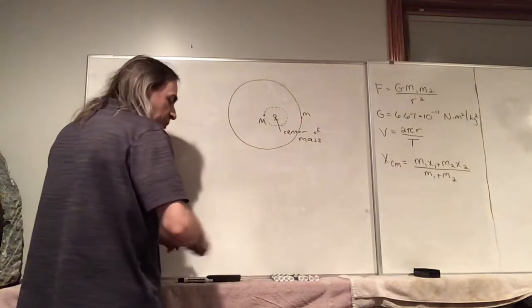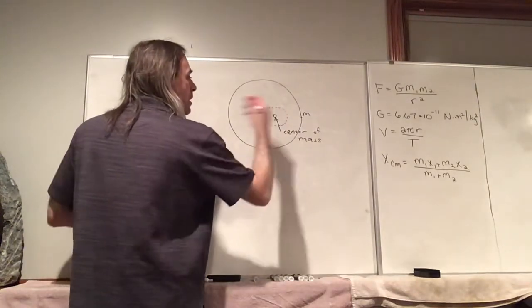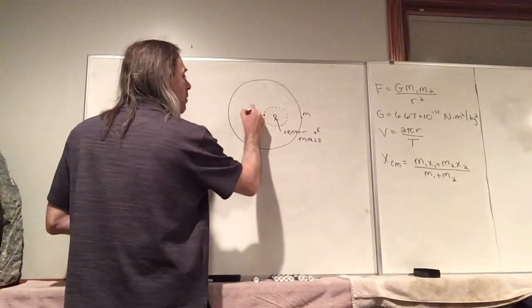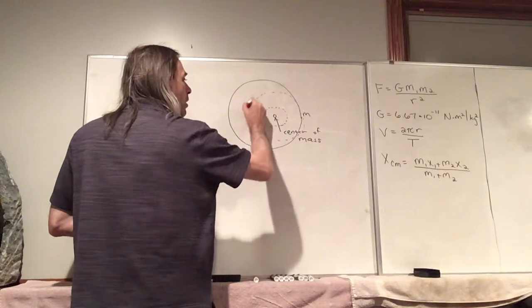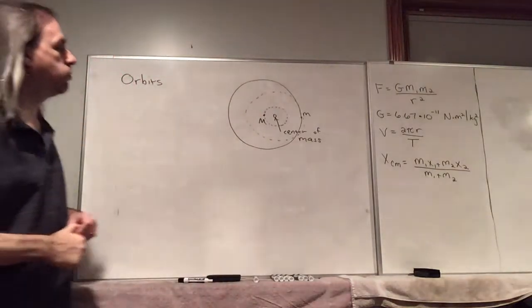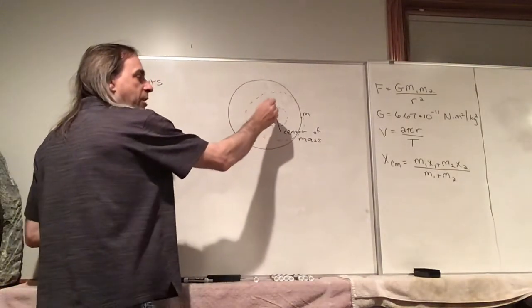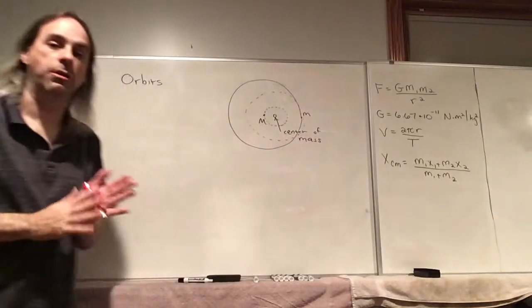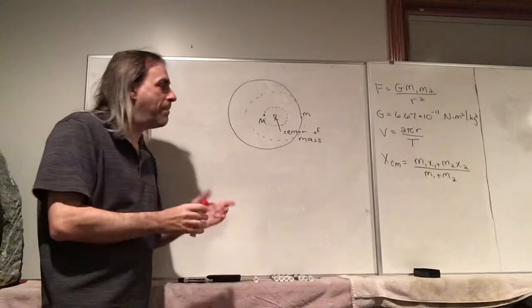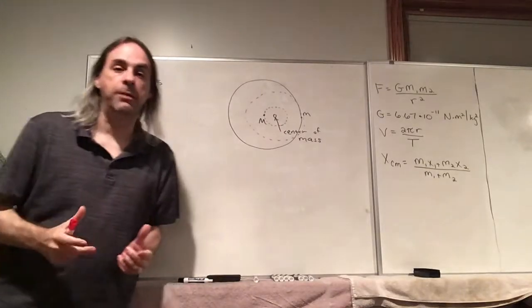So the actual picture would look more like this. This object would be going in a smaller circle, and the lighter object would be going in a bigger circle. If you have two equal masses, the center of mass would be at the midpoint.